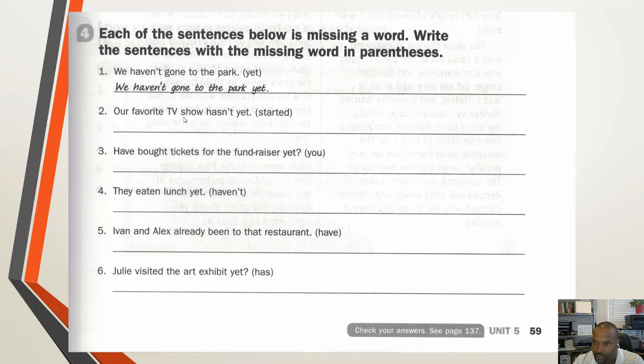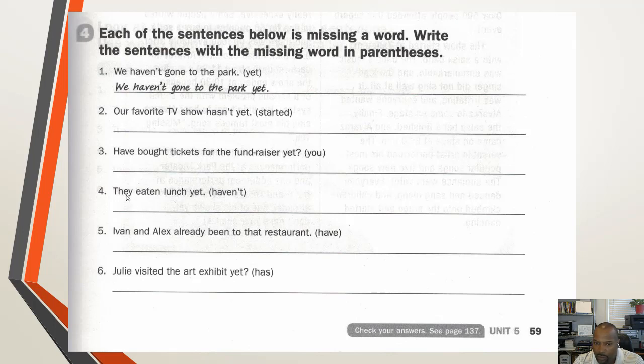Number 3, have bought tickets for the fundraiser yet? And this is a question, and the word in parentheses they want us to use is you. So I wrote down, have you bought tickets for the fundraiser yet?